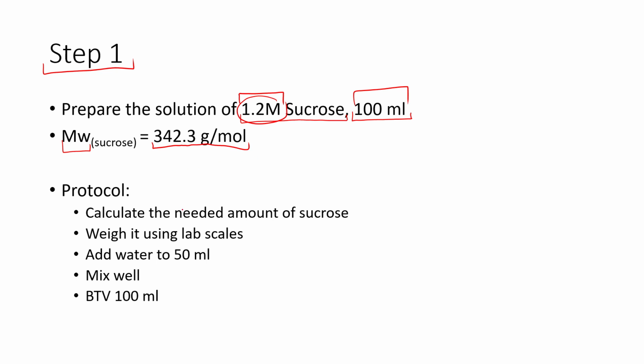First we need to calculate the needed amount of sucrose for this preparation. Then we are going to weigh it using the scales. Finally we add some water, and after mixing it we bring it to a volume of 100 milliliters.